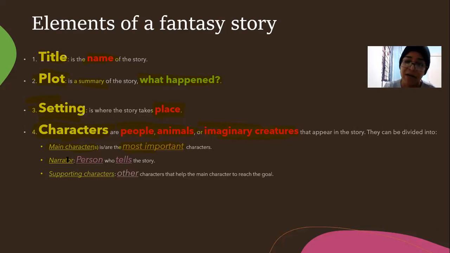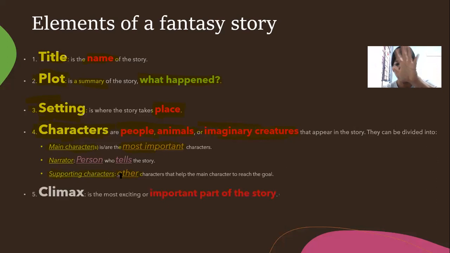Also narrator. Narrator is the person that tells the story. And supporting characters. Los supporting characters are other characters. Son los other characters that appear in the story. Number 5, climax.